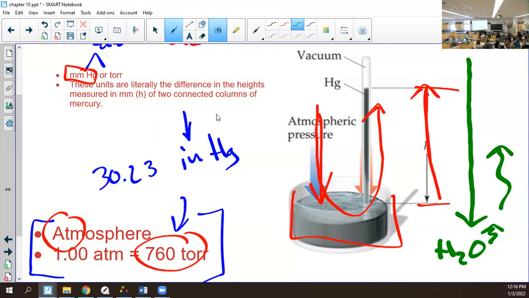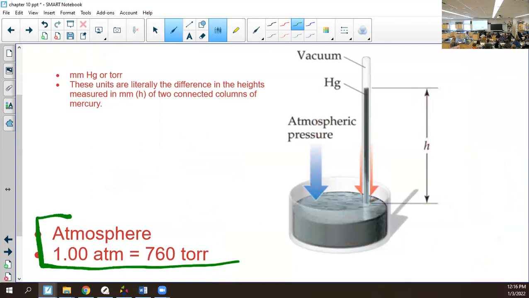What you should care about is this right here. This is a conversion that you'll be asked to use a lot. In this class, we're going to use ATM 99.9% of the time. But some problems will give you the pressure in a unit called torr, which is millimeters of mercury.